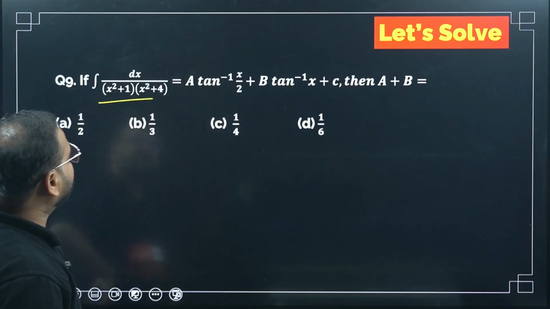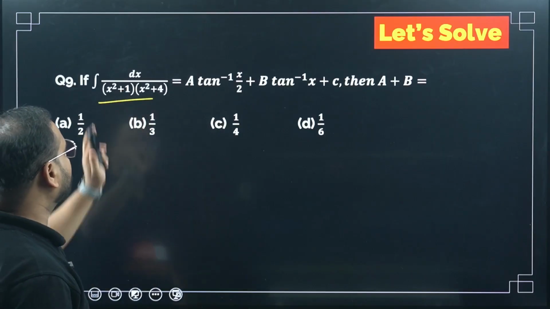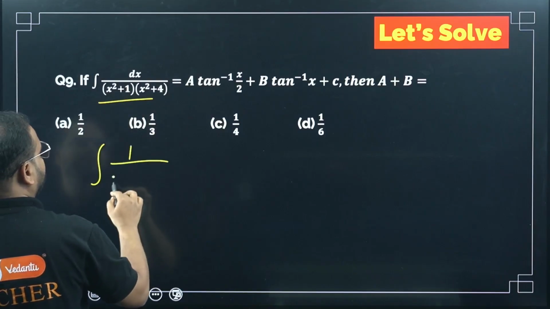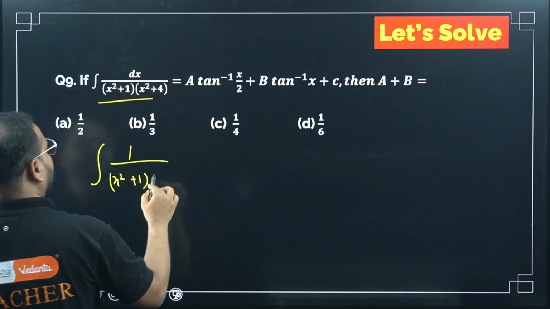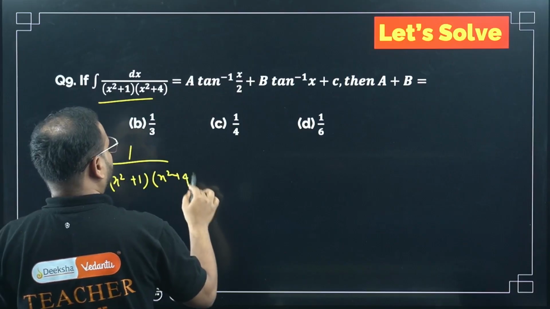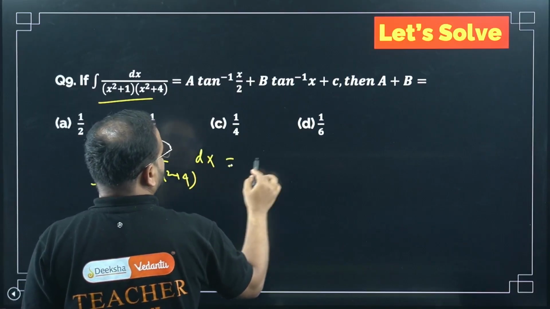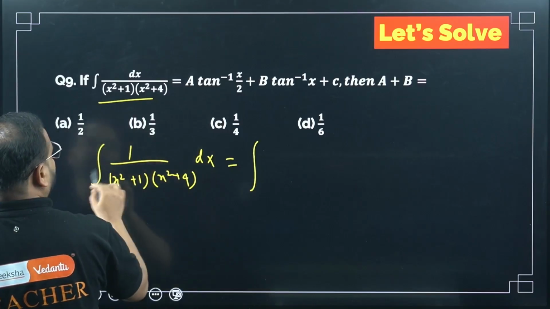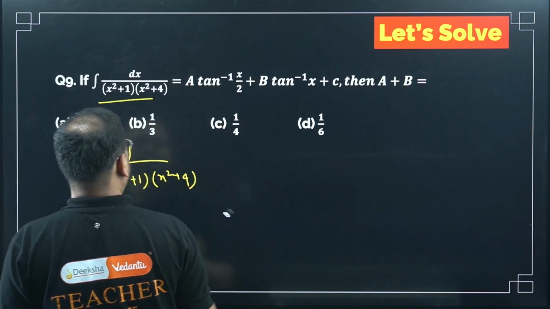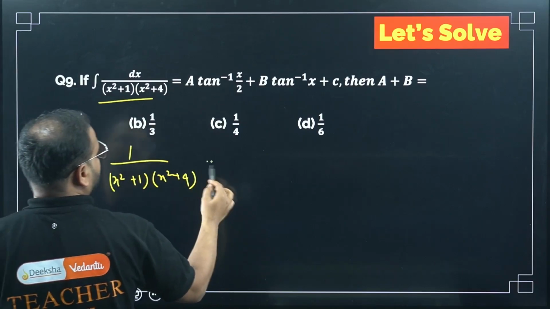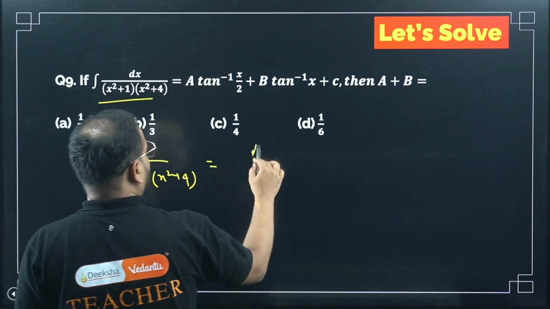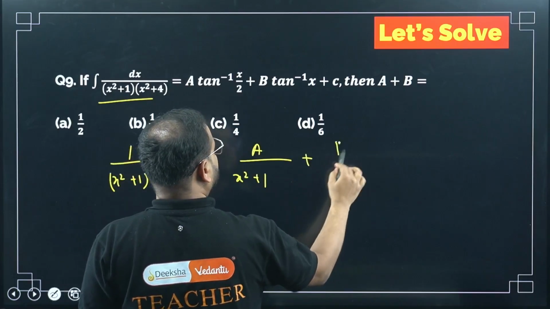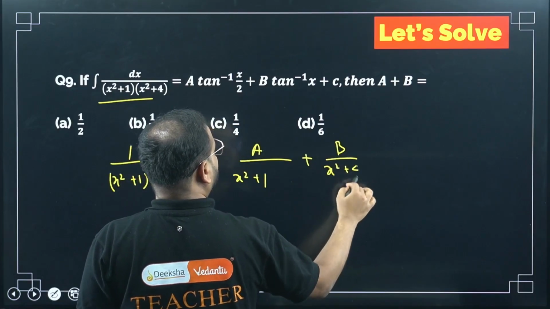Okay, we'll see. So again we have to use partial fractions over here. How will I use it? Please check. 1 upon x square plus 1 and x square plus 4, forgetting the integration right now, only the fraction part, equals a upon x square plus 1 plus b upon x square plus 4.